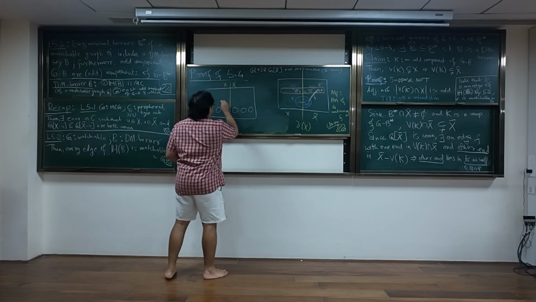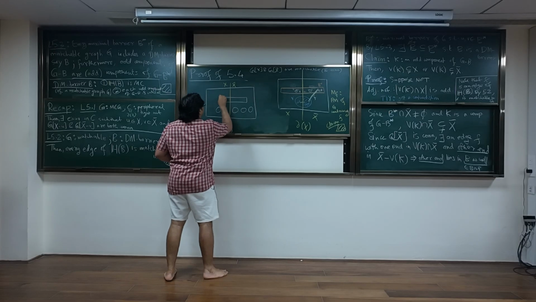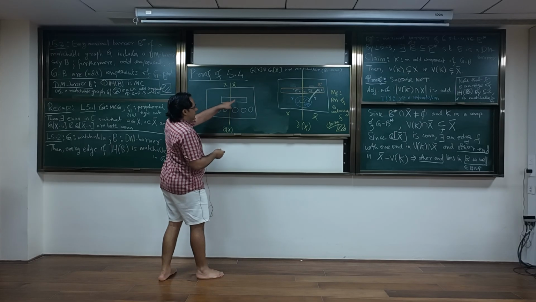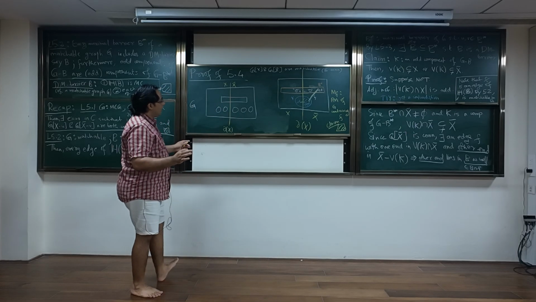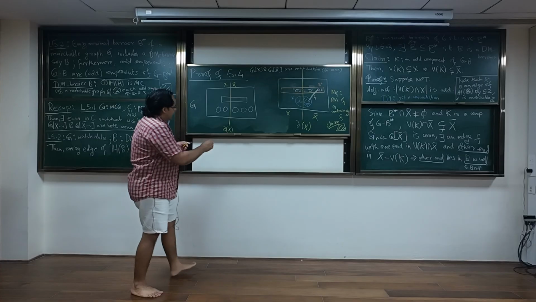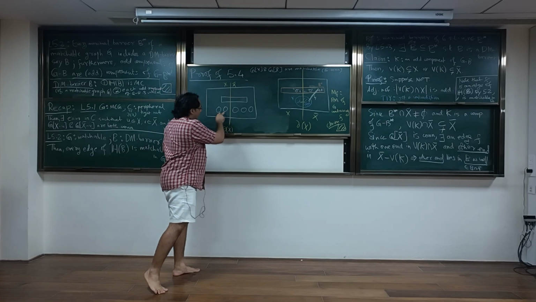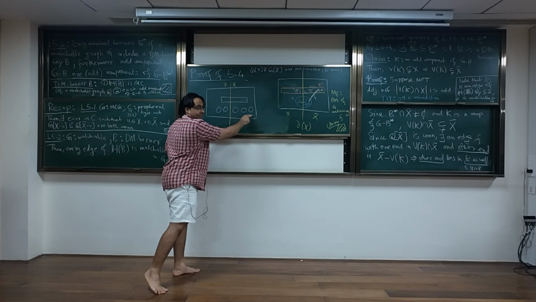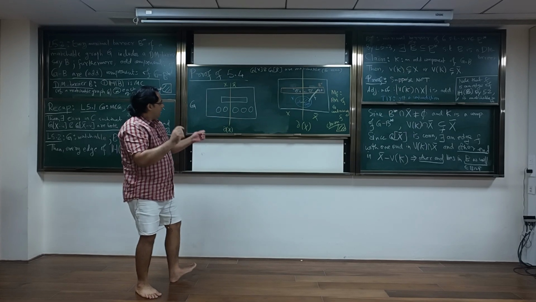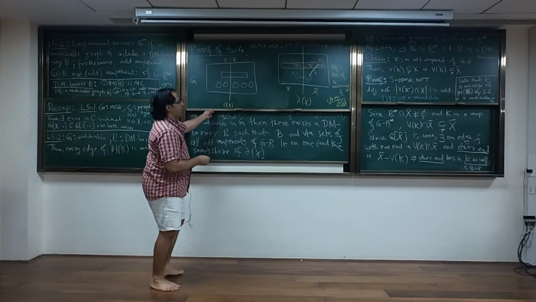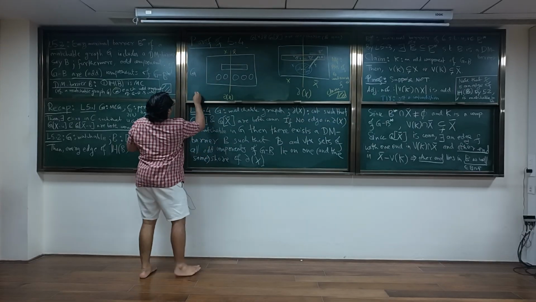And the Dulmage-Mendelsohn barrier, I don't know what it looks like, but it could have some vertices here, some here, maybe one of these sets is empty, I don't know. Think of the core.